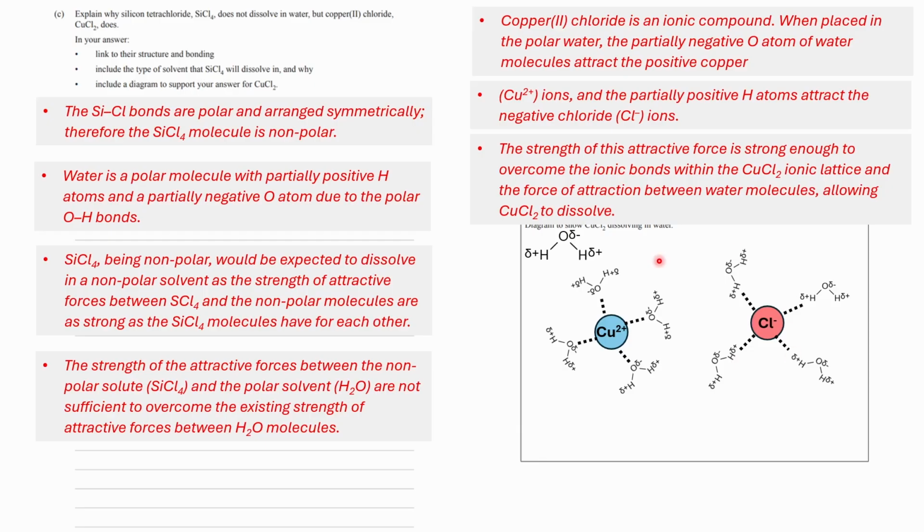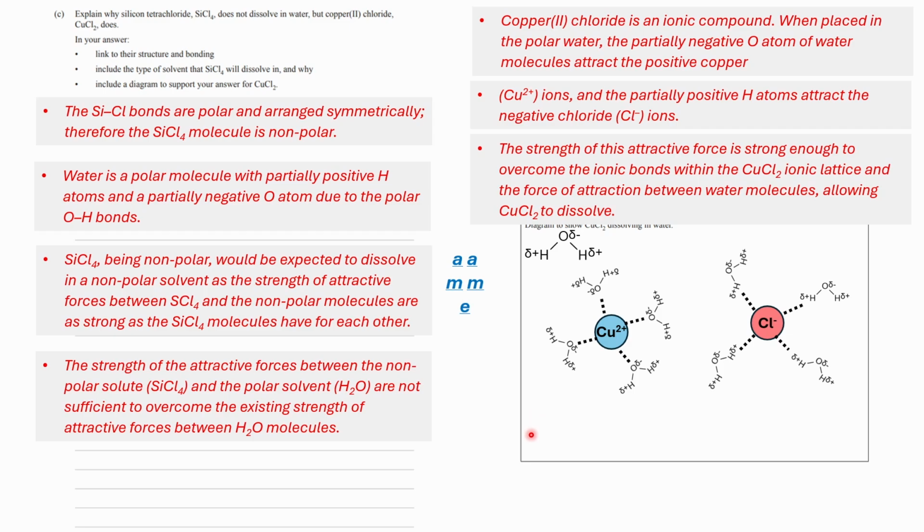So this is why ions can dissolve in water: the negative ions can form strong attractions to the positive dipole, the positive H, and the positive ions can form attractions to the negative dipole moment of the oxygen.